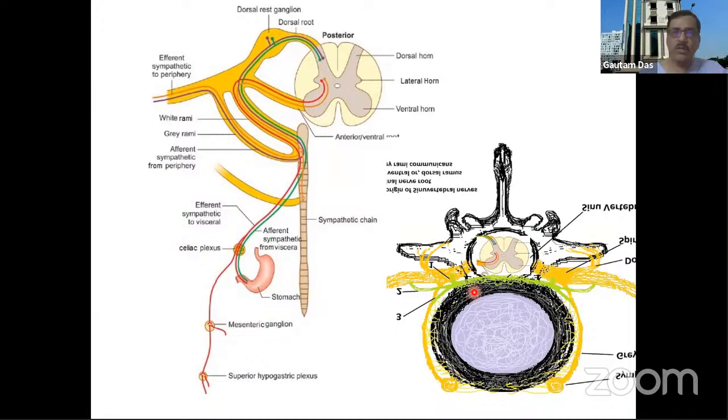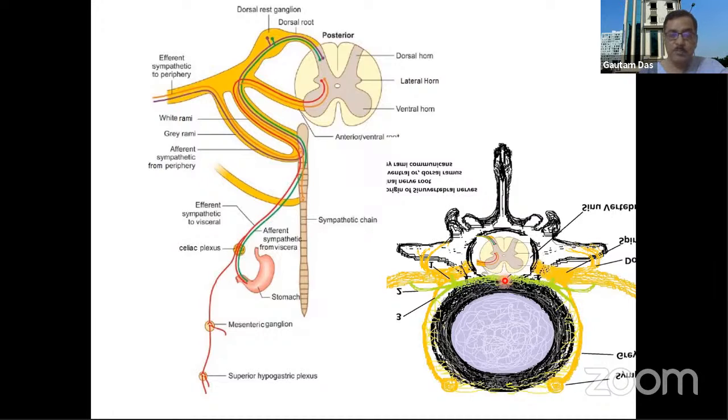Now the third important area, which again you have to understand very nicely, is canal stenosis. What is the boundary of the spinal canal? Anteriorly we have the annulus and the vertebral body.